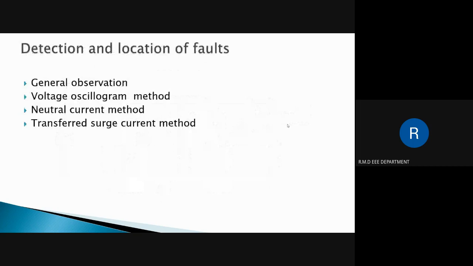The next topic in the case of a transformer is that we have to understand the location of the fault and detect the fault. The location and direction of the fault can be found by the methods given here. First one is general observation.